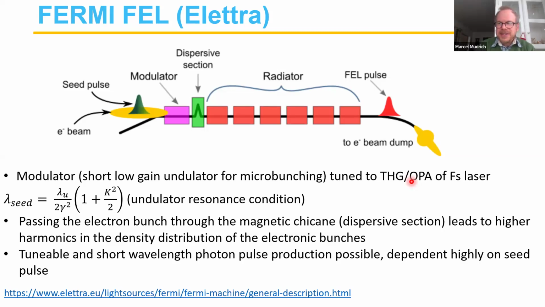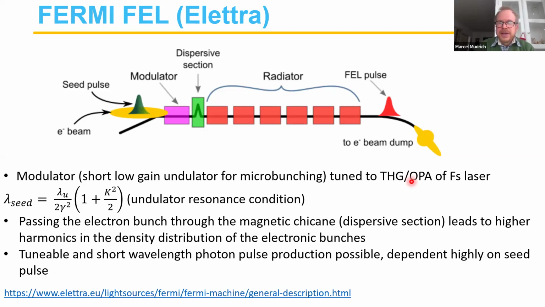But the third harmonic of Ti:sapphire is not really tunable. So if you want tunable seed pulses, use an OPA. Exactly, then it's the OPA. For those who are not so familiar, OPA means optical parametric amplification.